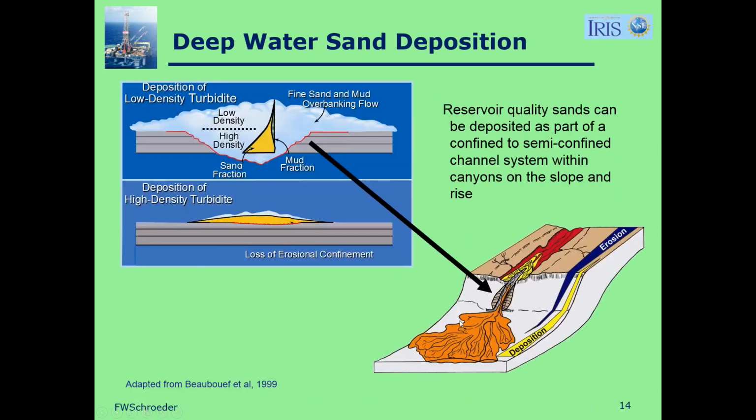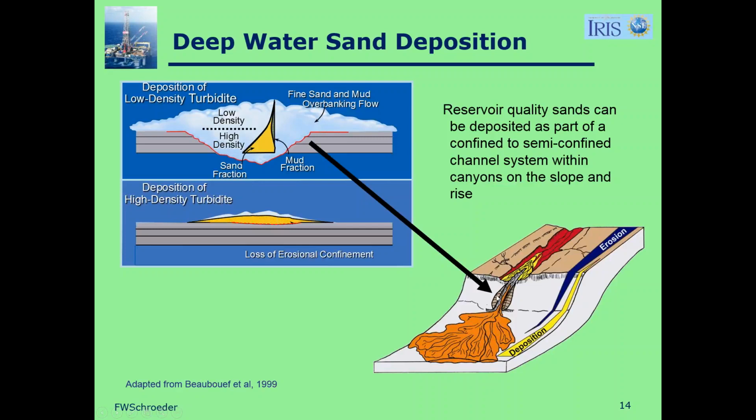So this is a diagram, a three-dimensional representation. This would be a continental shelf, a slope, and a basin. We can have periods of time when the rivers down cut. We'd have mostly erosion of the canyon in the upper and mid slope. We can get deposition as the gradient shallows and the turbidites slow.